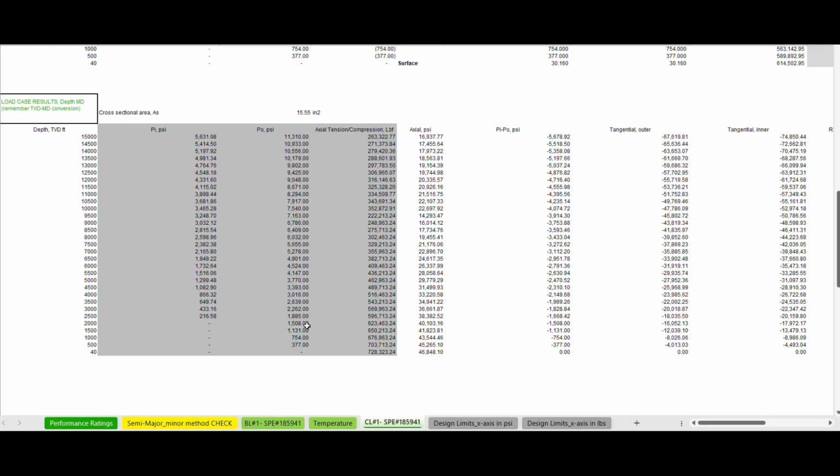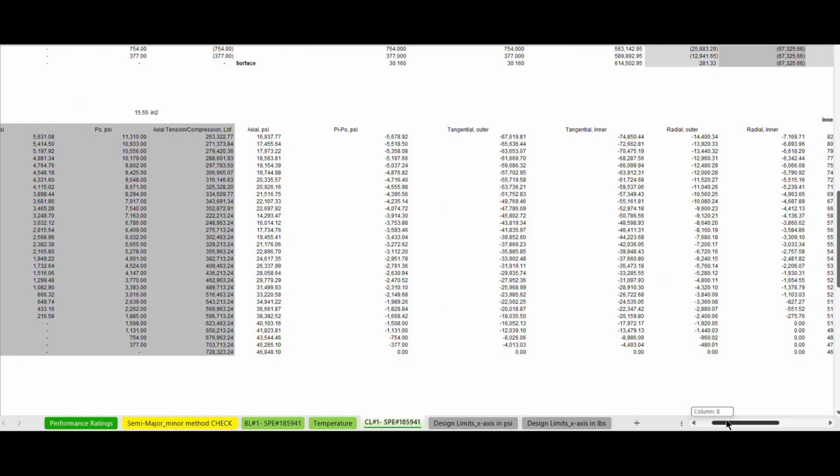Yeah. And then on the bottom part, same as I have done in the burst load tab, I have calculated the principal stresses. Axial is calculated from outside, and again this is a case where the nominal wall thickness is used, so this is 100% wall thickness.